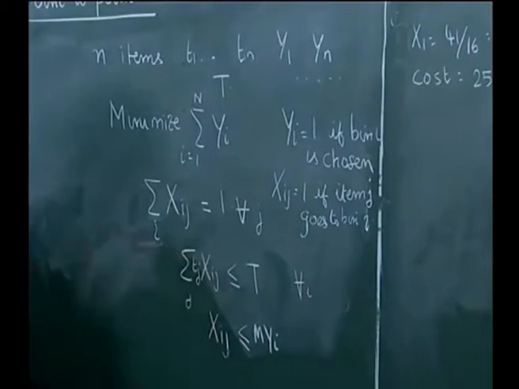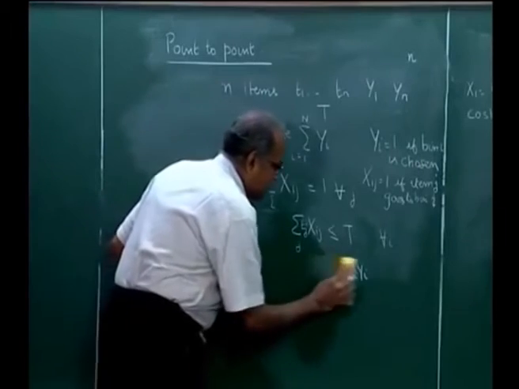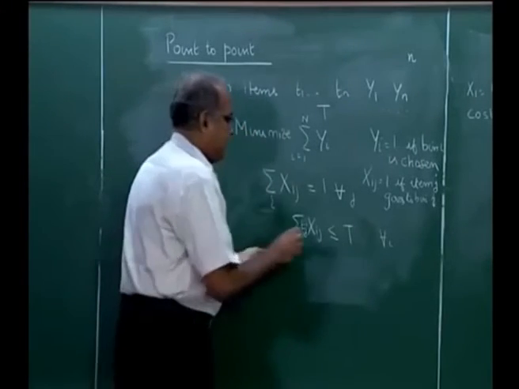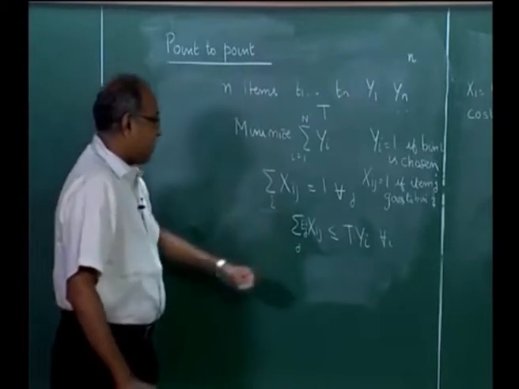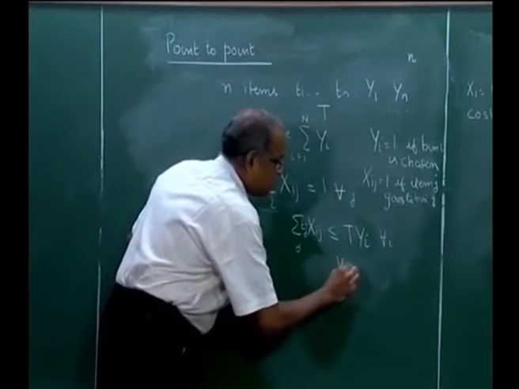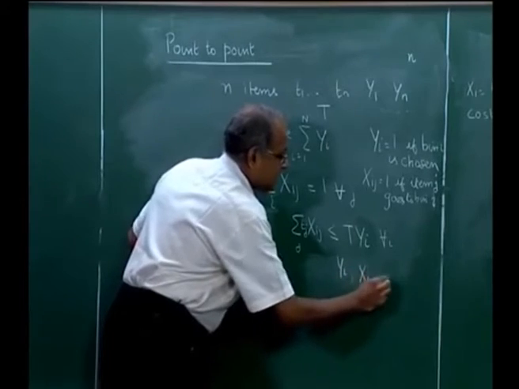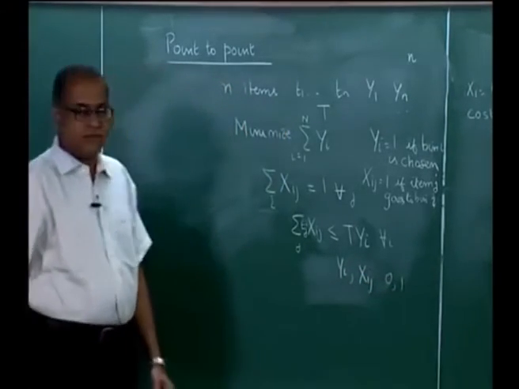Now, this has more constraints, so this constraint can be eliminated by simply putting T into yi. This is the formulation of the bin packing problem. Both yi and xij's are binaries.